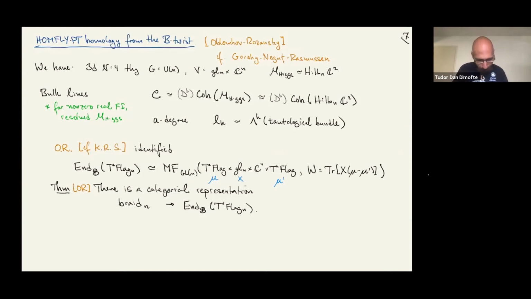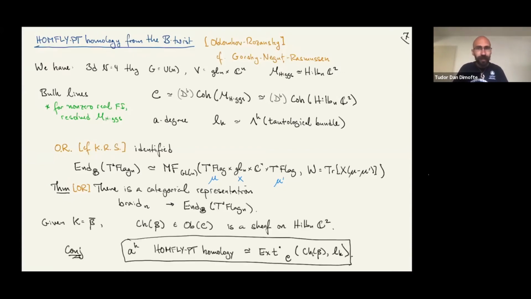The important point is that there is a representation of the braid group inside this category of line operators on the boundary, which literally comes from the fact that physically you have these complex FI parameters and you can just move them around each other. Moving them around each other very quickly creates a line operator or a self-interface on the boundary. And that self-interface is an object of this category. And so the braid group gets represented in the category of lines on the boundary.